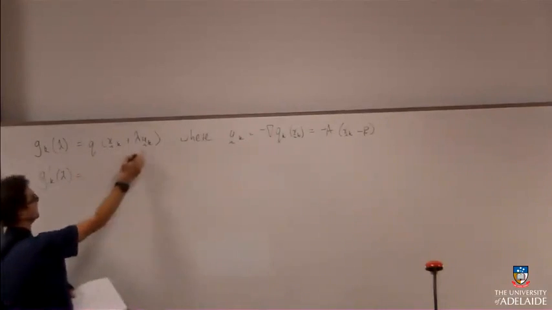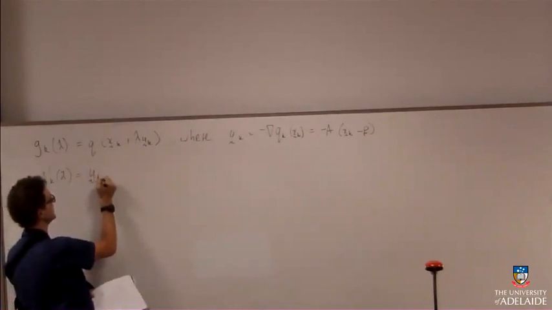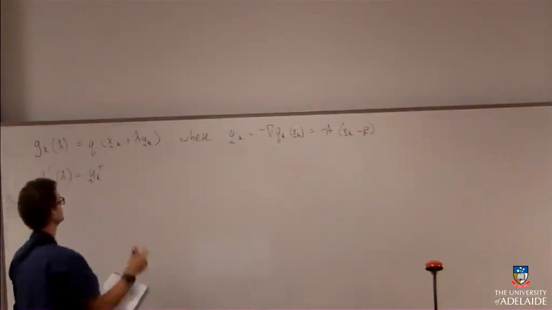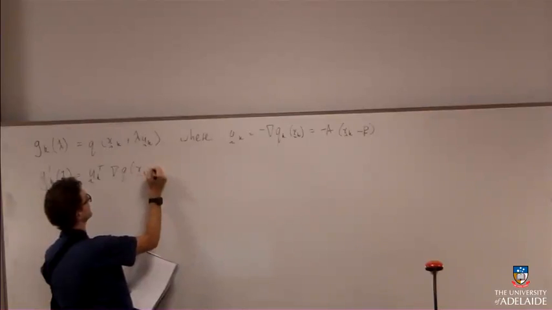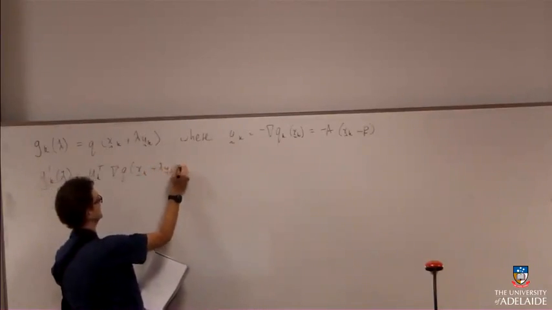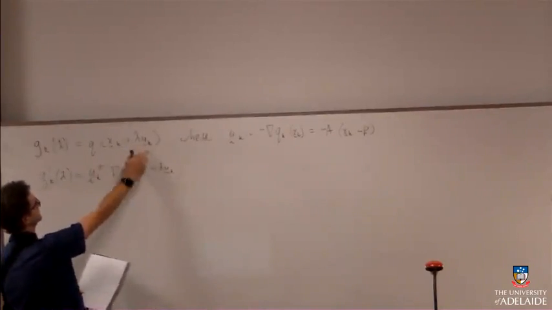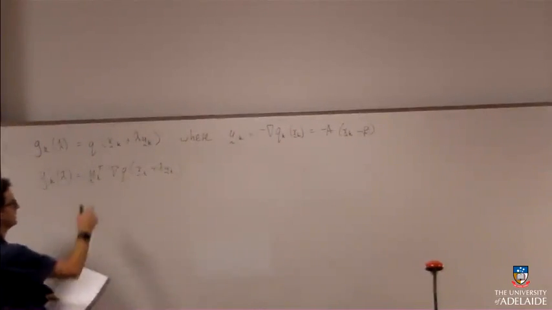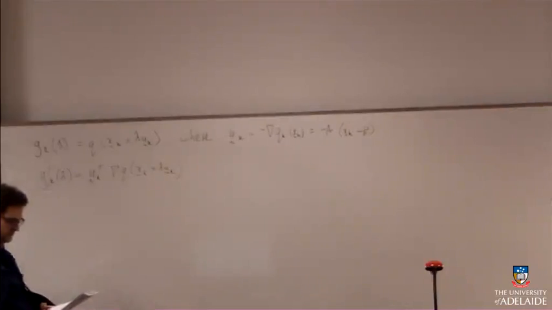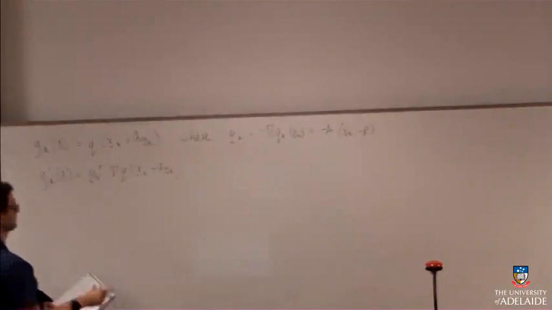And so differentiating this, I'm going to need to do the chain rule on this thing. So I'm going to get the gradient of q at xk plus lambda uk. Differentiating the inside with respect to lambda, I get a uk. It has to have a transpose in it so that all the dimensions work out.